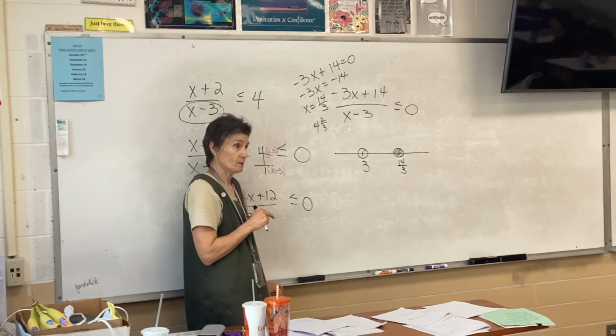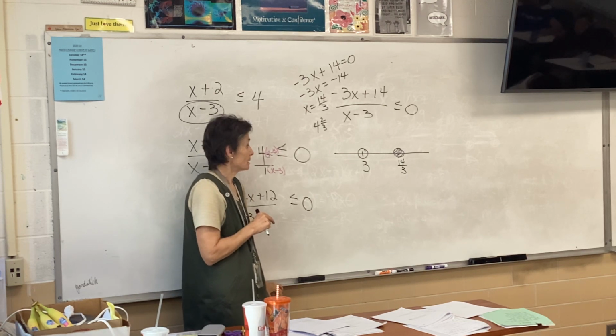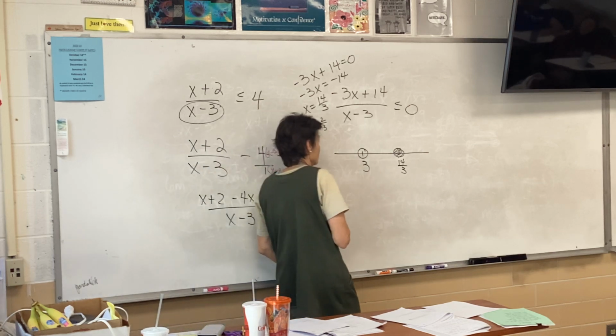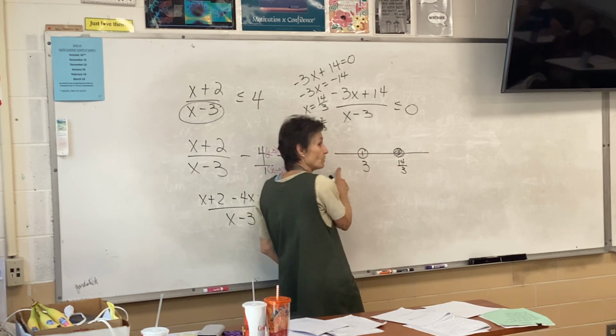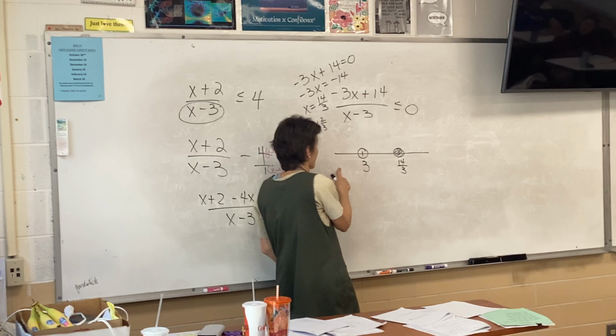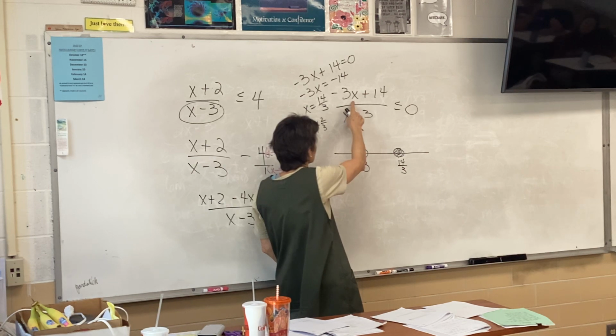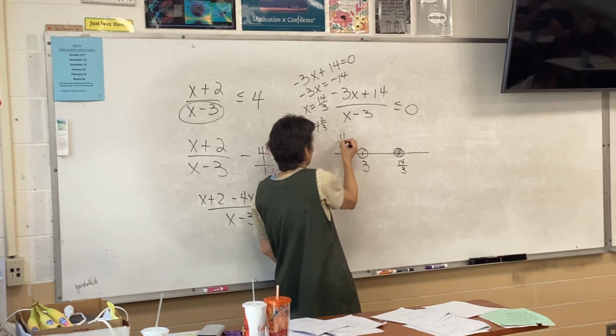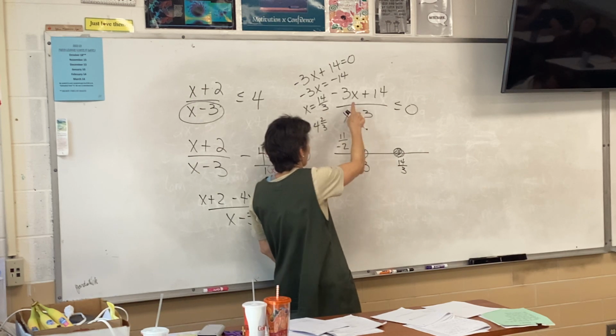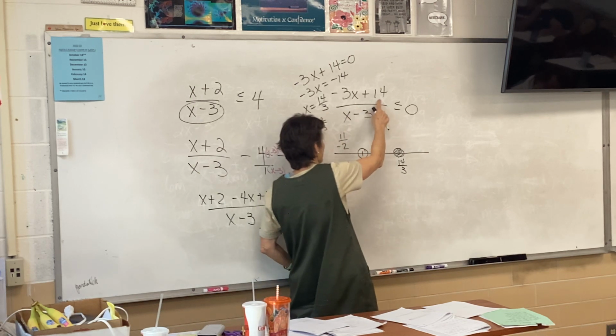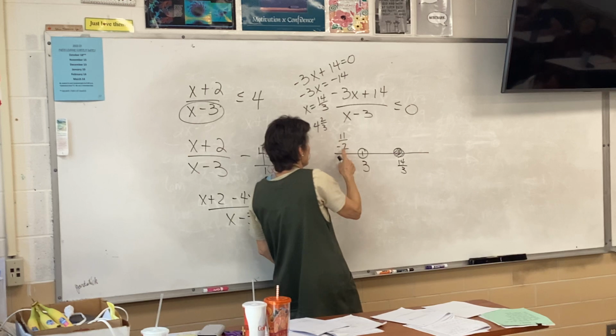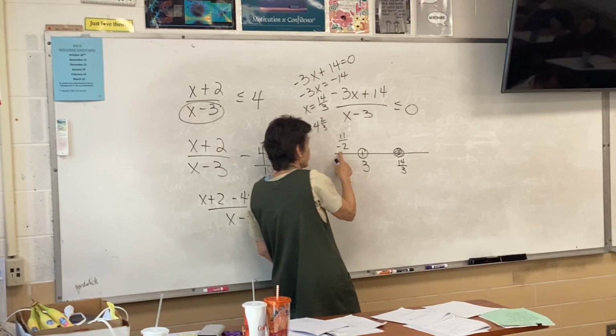Now what do we do? Once we have our dots there, now we pick a number, right? So what do you want to pick? 1. 1's over here. So if I put in 1, I get negative 3 plus 14, that's 11, divided by 1 minus 3, which is negative 2. So I have 11 over negative 2.